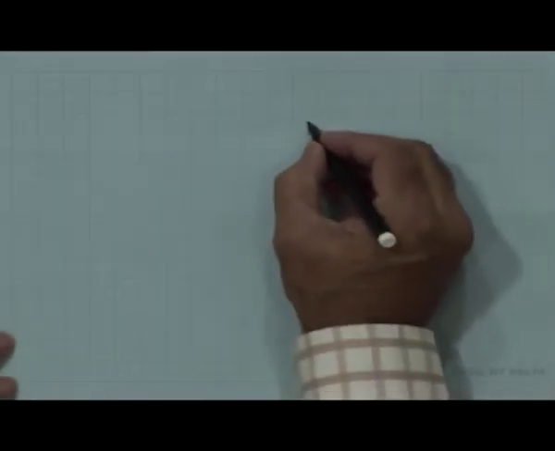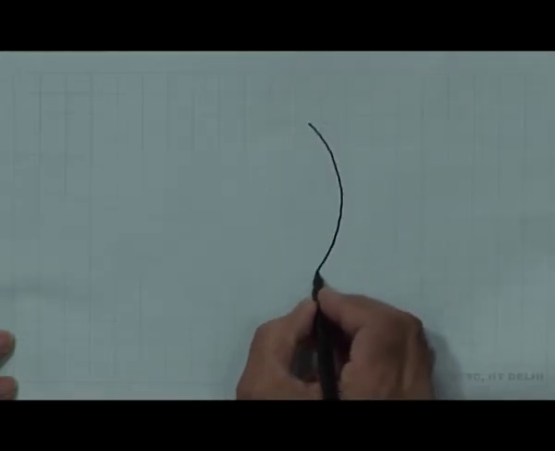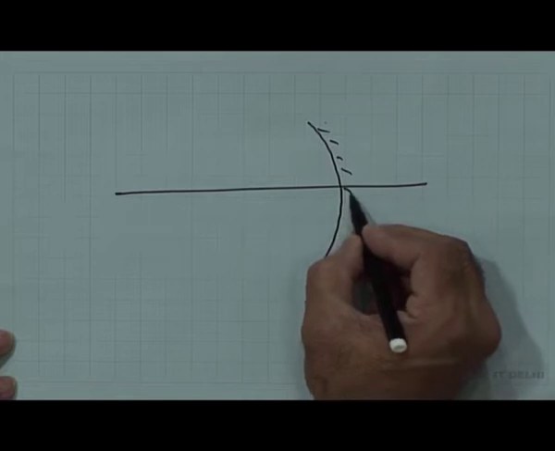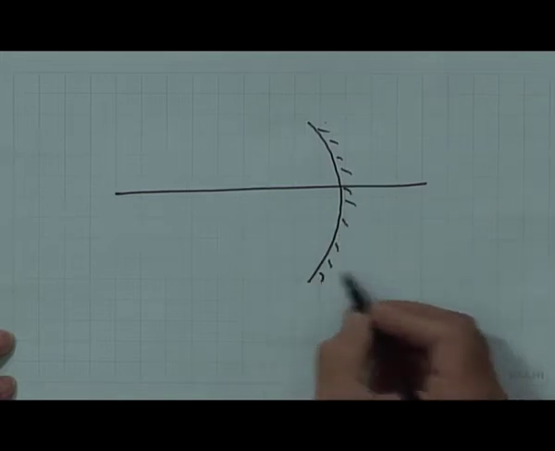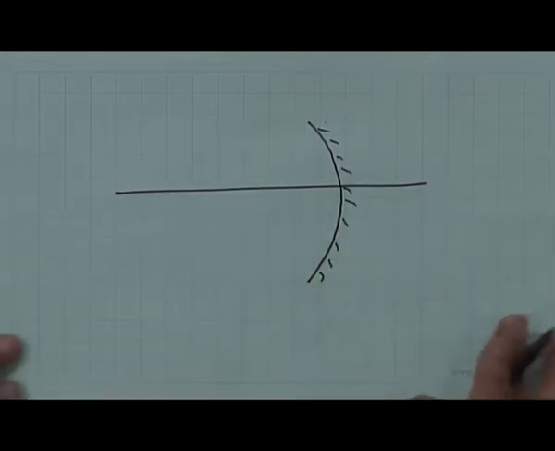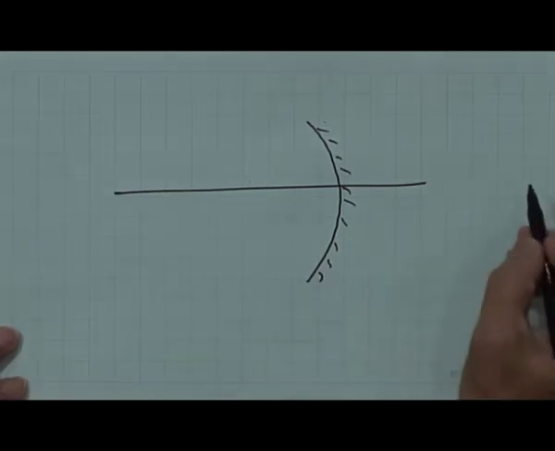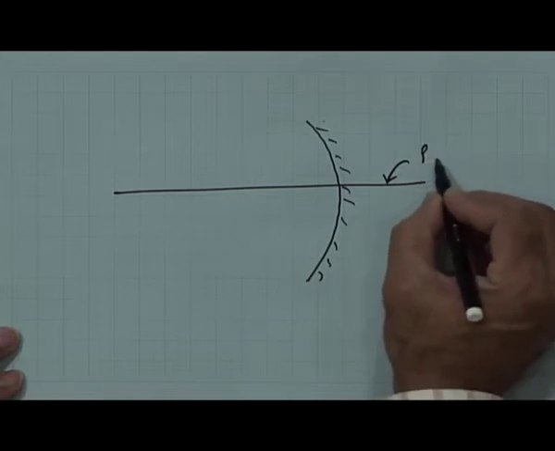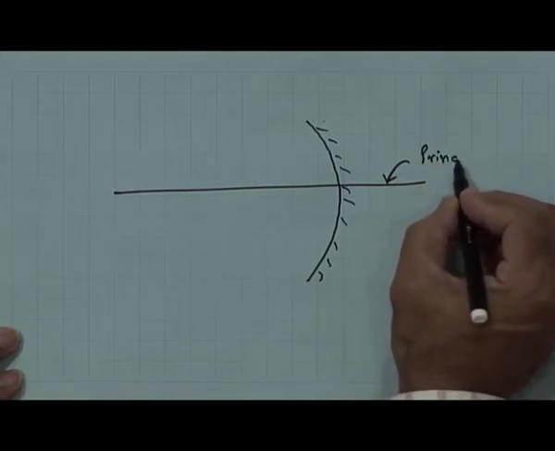So, let me draw here separately. Here is the mirror, and most of the times I am showing a concave mirror, but all discussions are equally valid for a convex mirror. So, this is the principal axis.